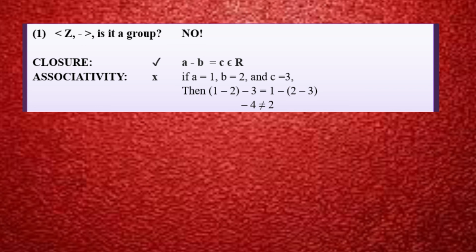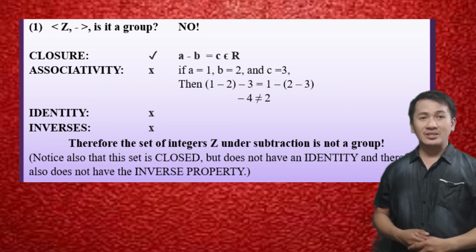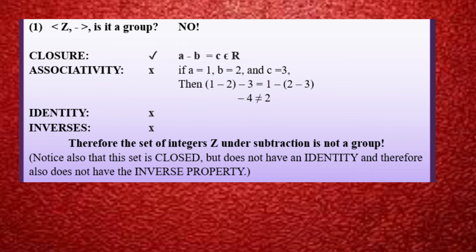By the associative property, we get negative 4 is not equal to 2. If you notice, negative 4 is not equal to 2. Therefore, the set of integers Z under subtraction is not a group. Notice also that this set is closed but does not have an identity and therefore also does not have the inverse property.